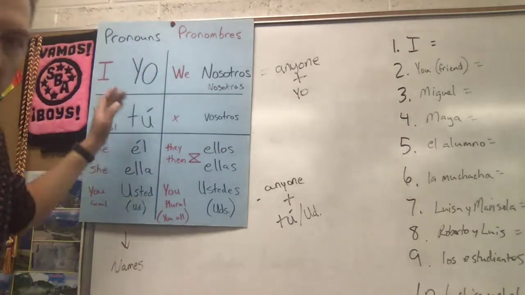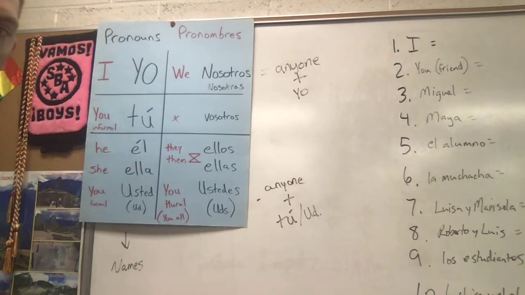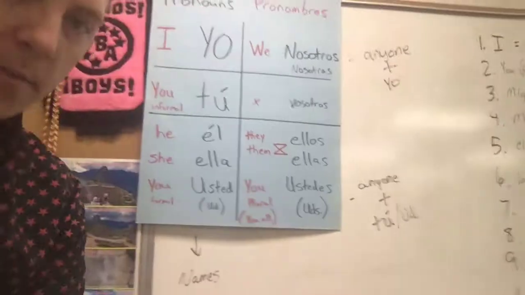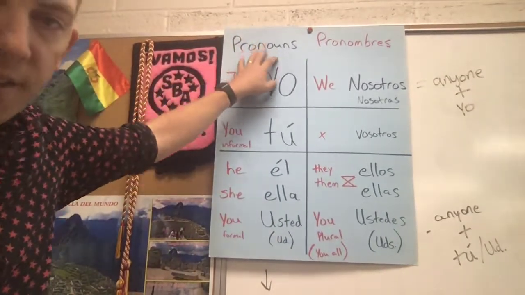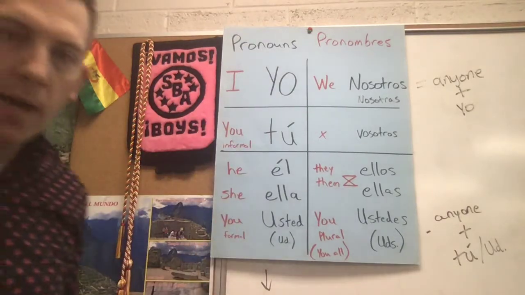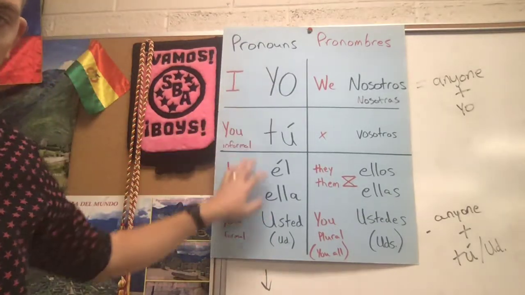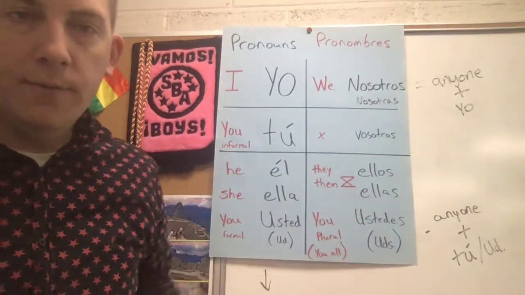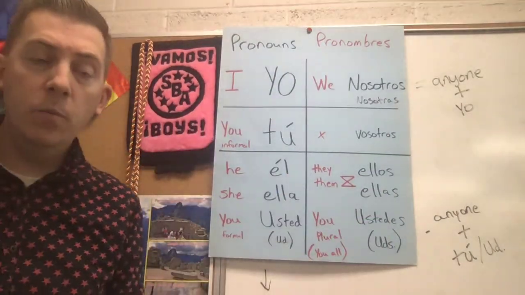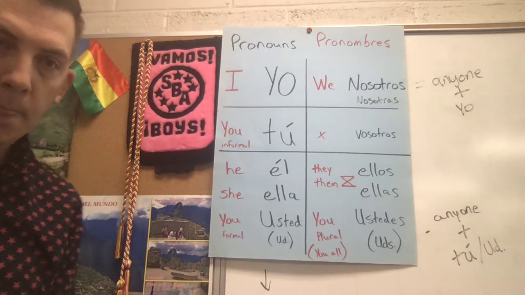And on the left-hand side, all of these words over here deal with singular people, okay? Singular persons over here on the left-hand side. On the right-hand side, all of these pronouns deal with plural groups of people, okay?